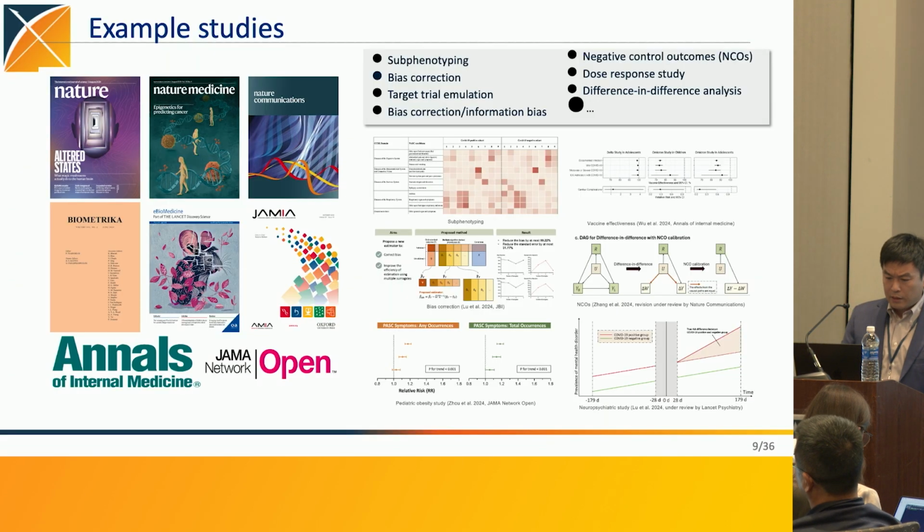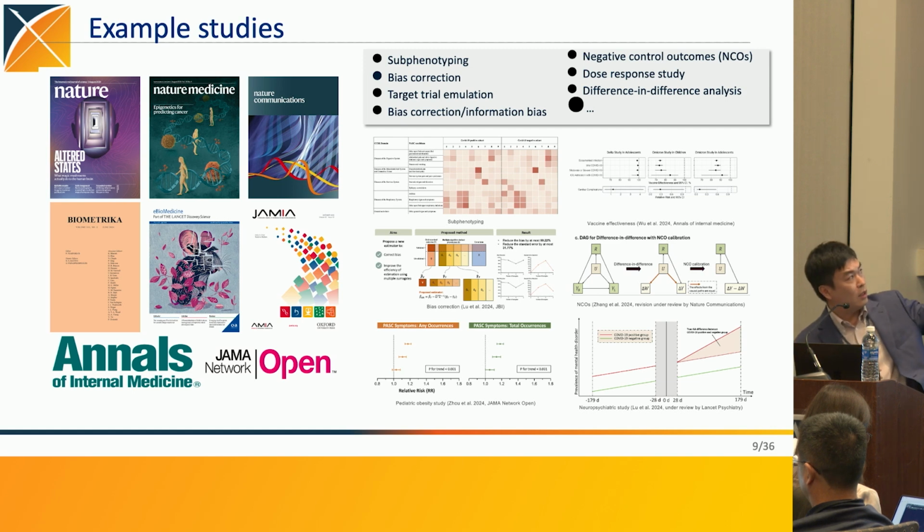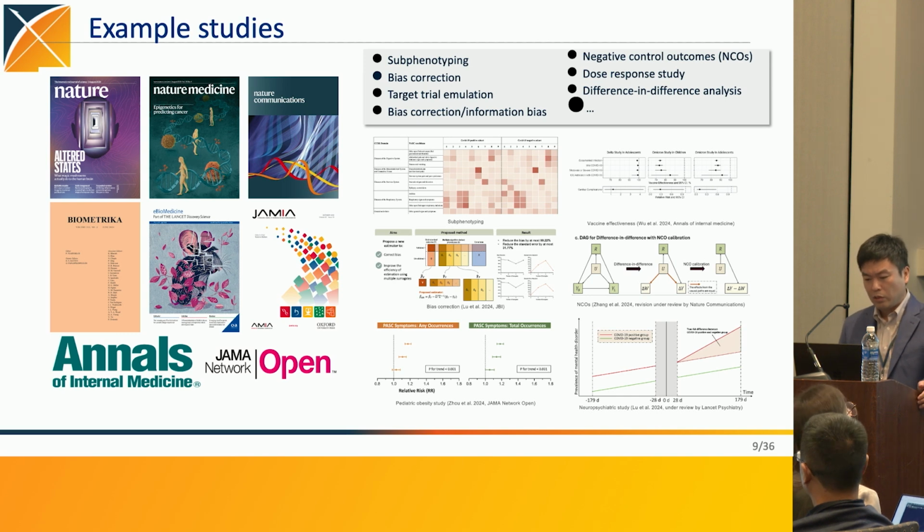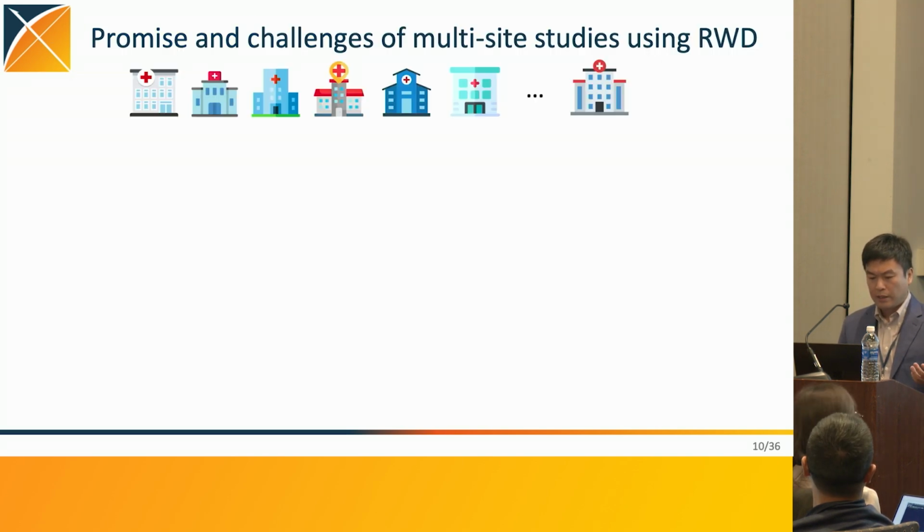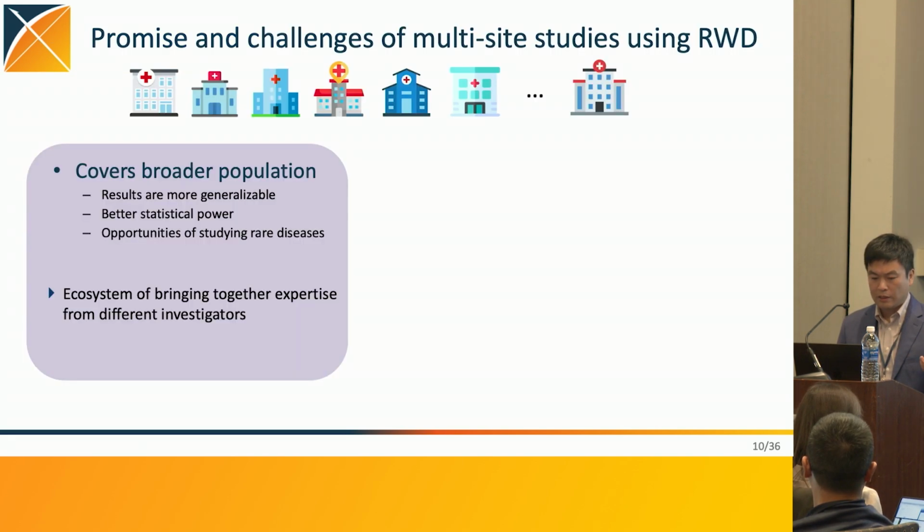And this is just some example studies that our center produced in the last 12 months. So as I said before, there's a lot of freedom in the type of analysis you can do using a single study when data are centralized. But the whole point of this tutorial is about how to scale up your study from a single study to multi-site study.